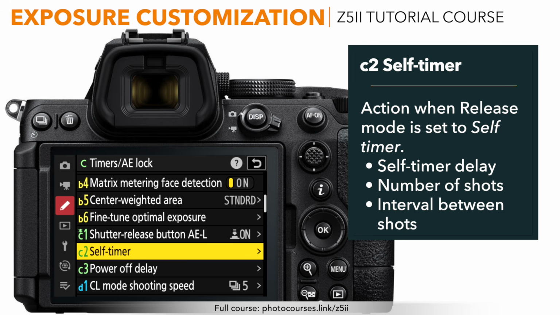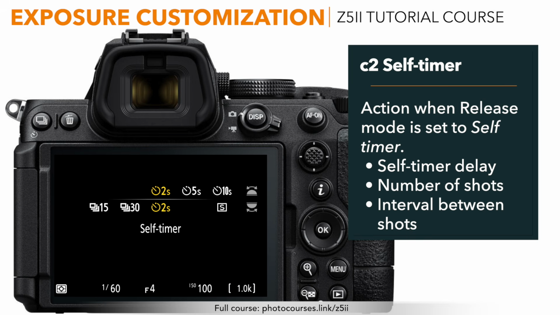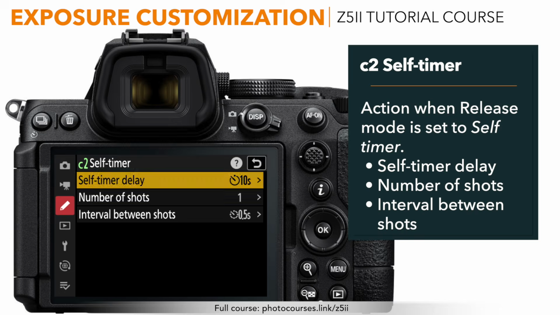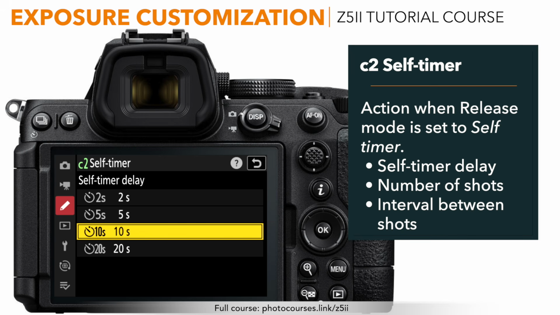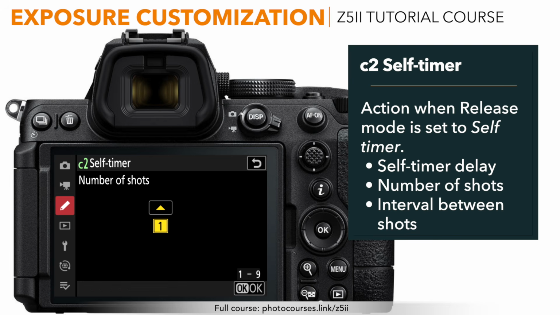Self-timer is where you'll program the self-timer function when the release mode is set to self-timer. You can set a delay of 2, 5, 10, or 20 seconds, and then set the number of shots that the timer is going to create when that timer expires. You can set from 1 to 9 photos when using the self-timer.